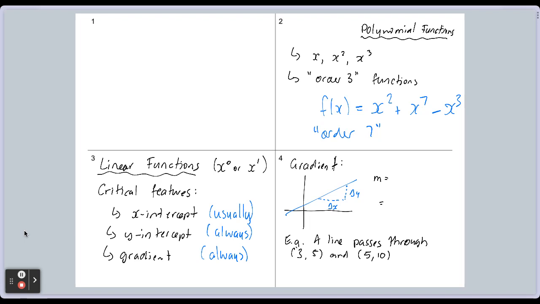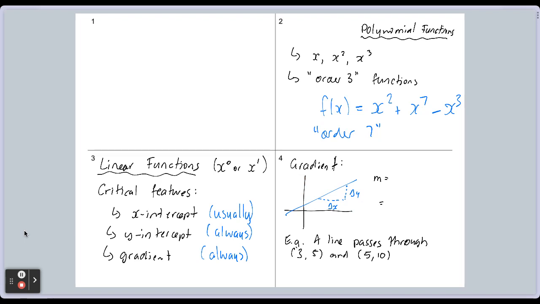Then we've got positive and negative gradients. So this is a positive gradient because as the run increases, so does the rise. If it was a negative gradient, like so, then the rise would be going down. So it's not a rise, it's a negative rise. So the rise would be going down with a positive run, or we'd be going backwards, so we'd be going for a negative run and then a positive rise.